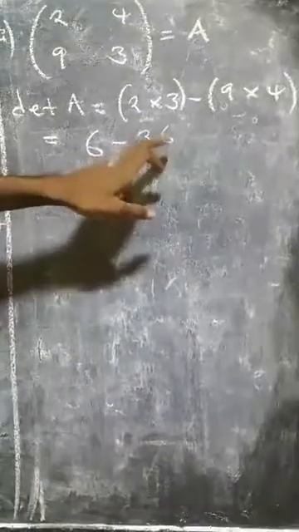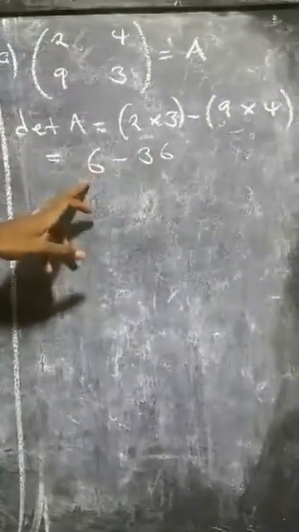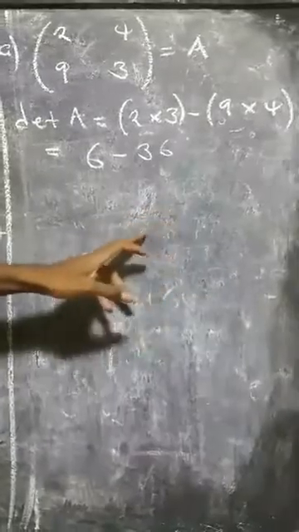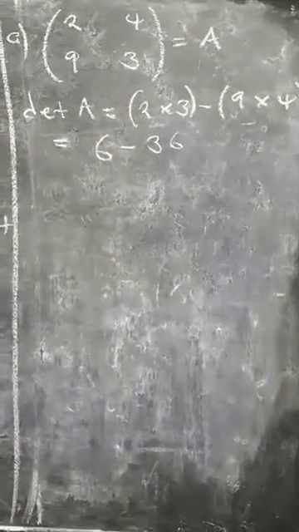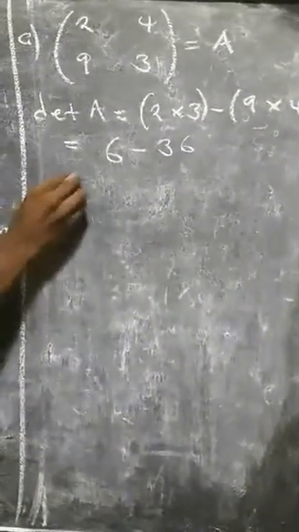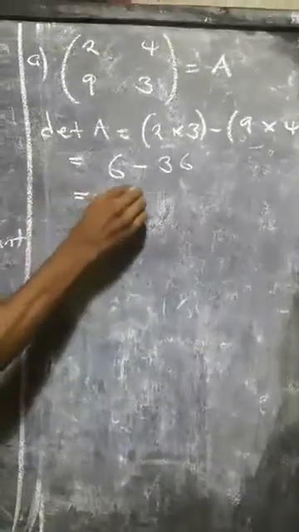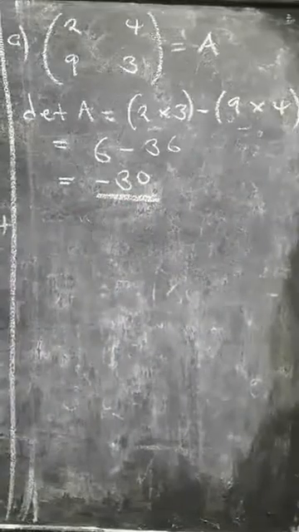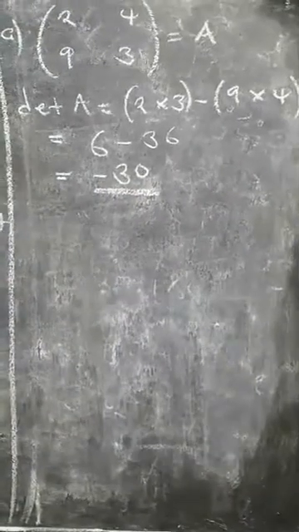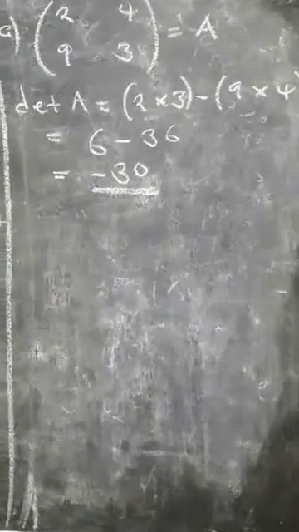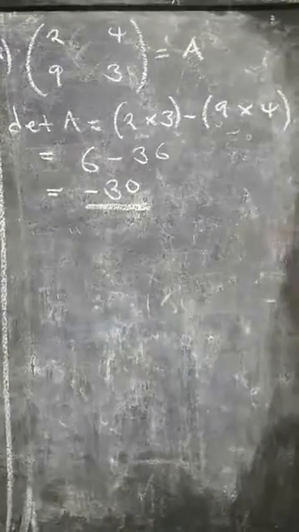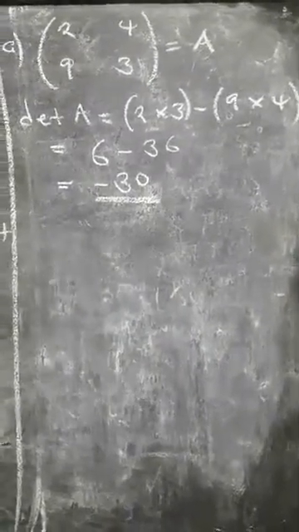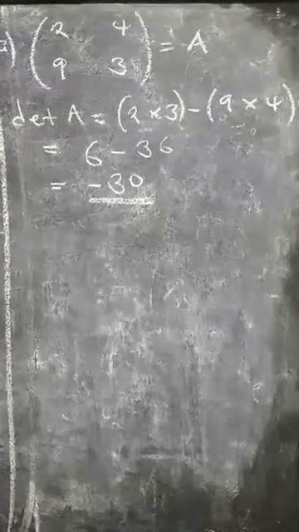So 36 is larger than 6, meaning you go 6 steps to your right and 36 to your left. That means definitely it will take you to negative 30. Negative 30 is your determinant.